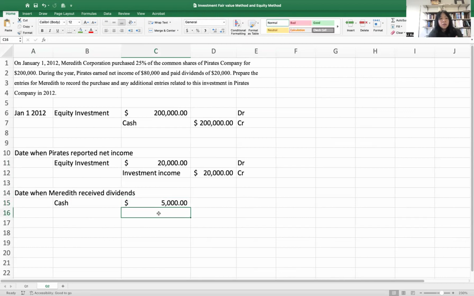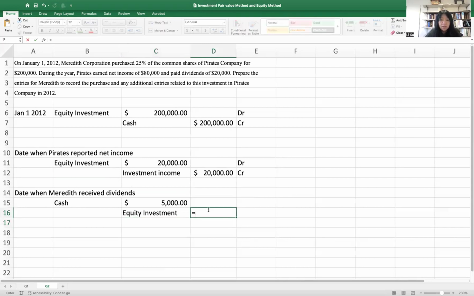And here we assume that because you have control, the company you invested in is somehow a part of you. When they pay out the dividends, in many ways it actually reduces your investment, because you are actually paying out the equity portion. Therefore, we're going to debit cash and credit equity investment.